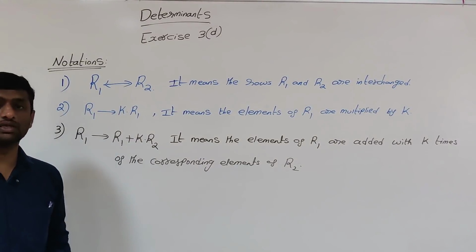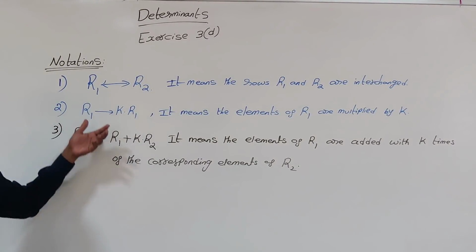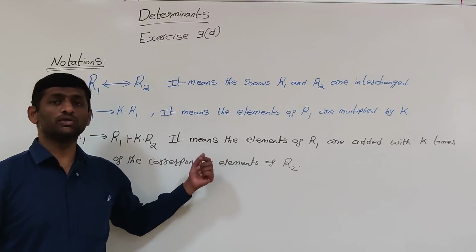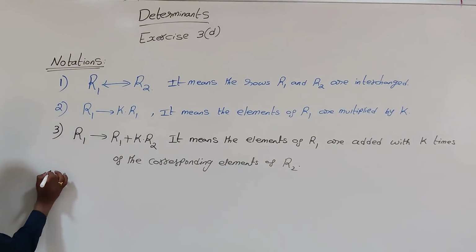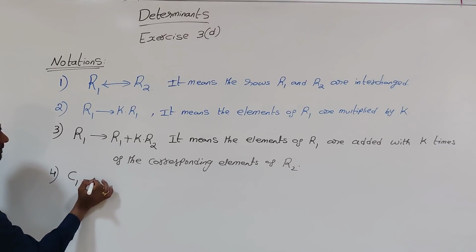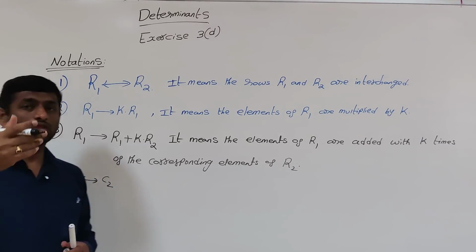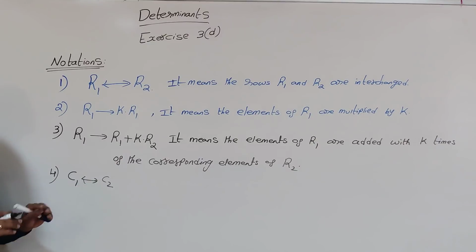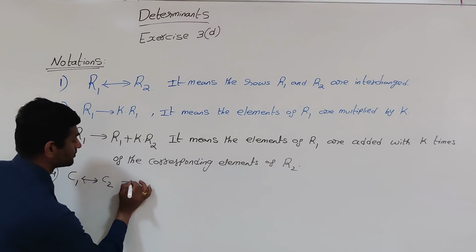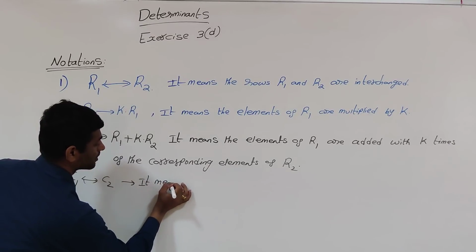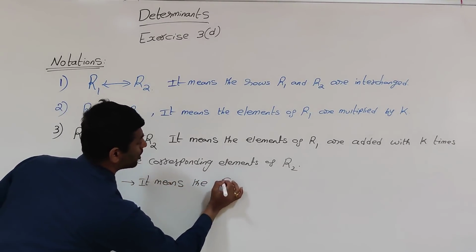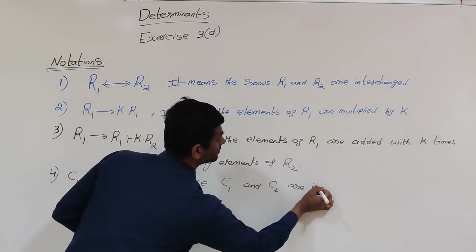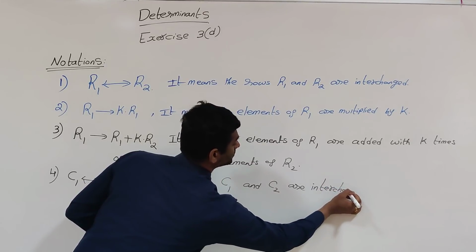That we have seen as one property. Whatever notations exist here for rows, the same notations also exist for columns. Like C1 implies C2, meaning column 1 and column 2 elements are interchanged.